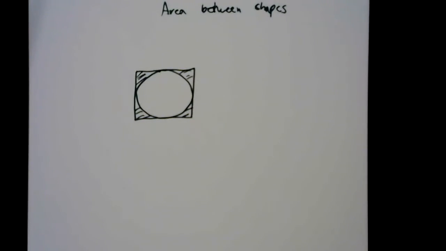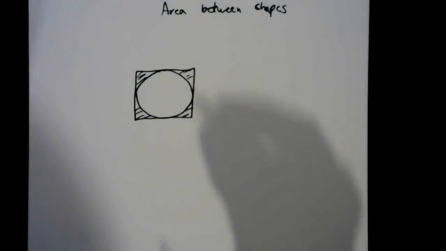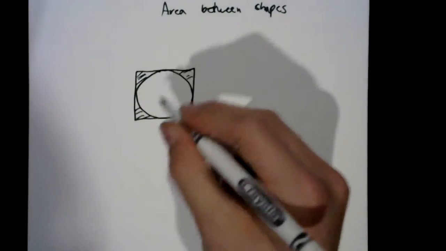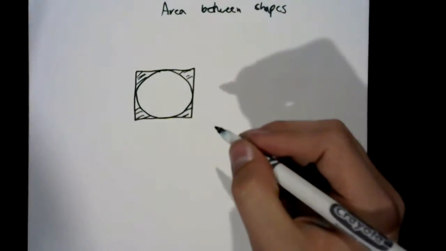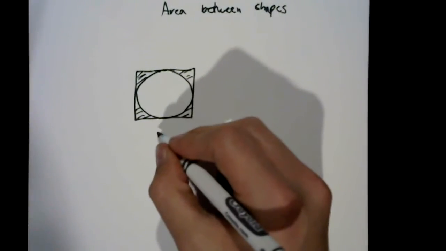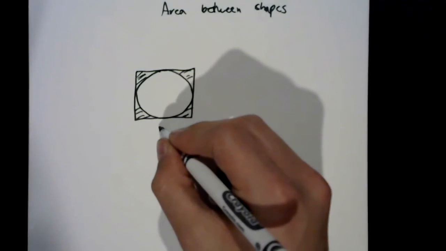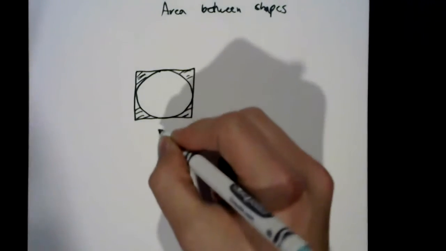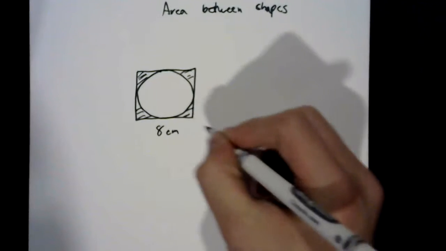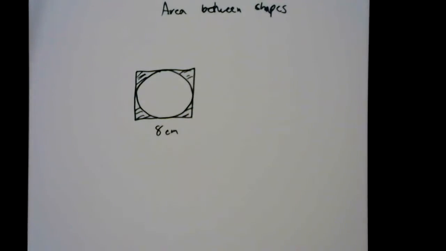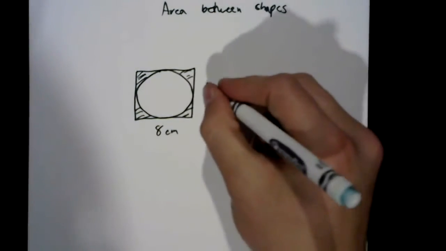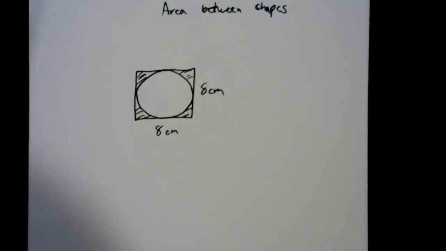So, two things we have to know is what's the dimensions of either the square or the circle. Most likely they'll give you, say, the square is 8 centimeters in width, and you know that square has each side length has to be 8 also. So that's not too bad.